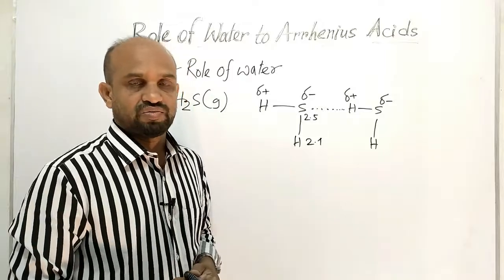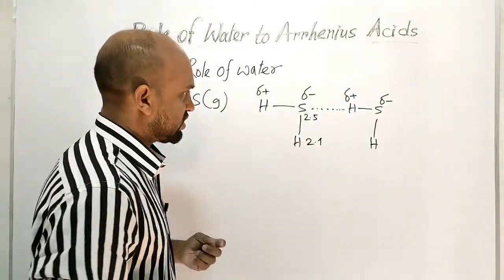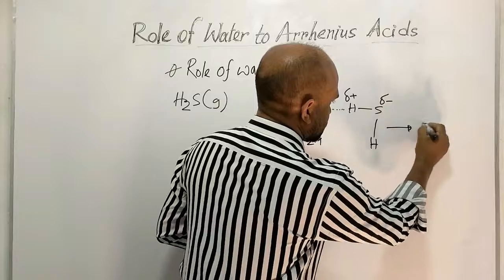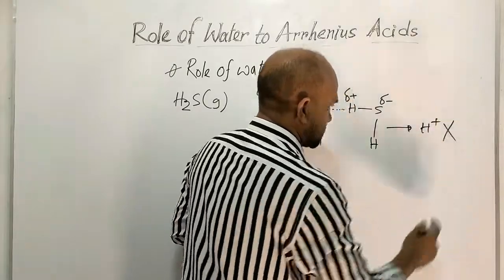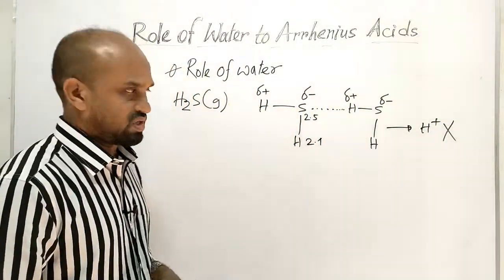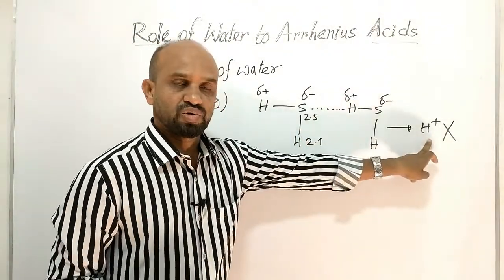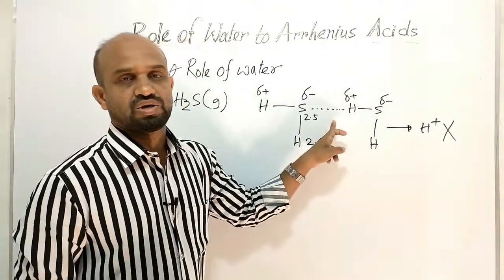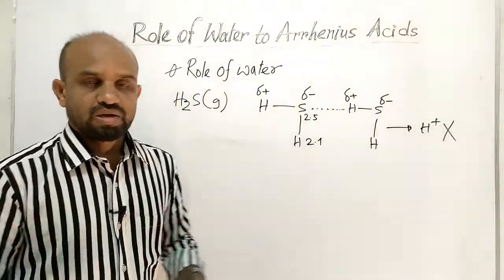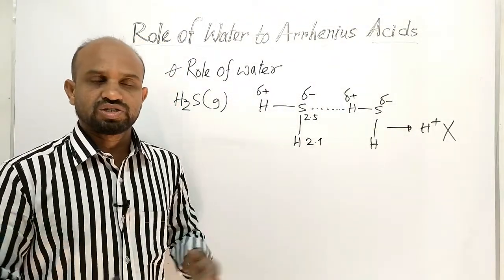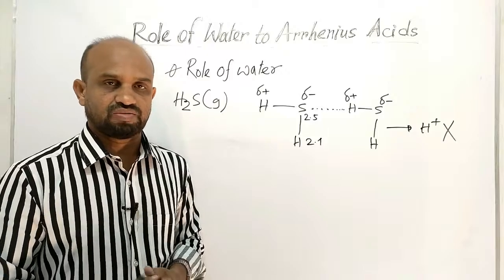But in absence of water, hydrogen sulfide cannot produce proton. This is our today's point. Hydrogen sulfide cannot produce protons without water. Now let's see the function of water to hydrogen sulfide.